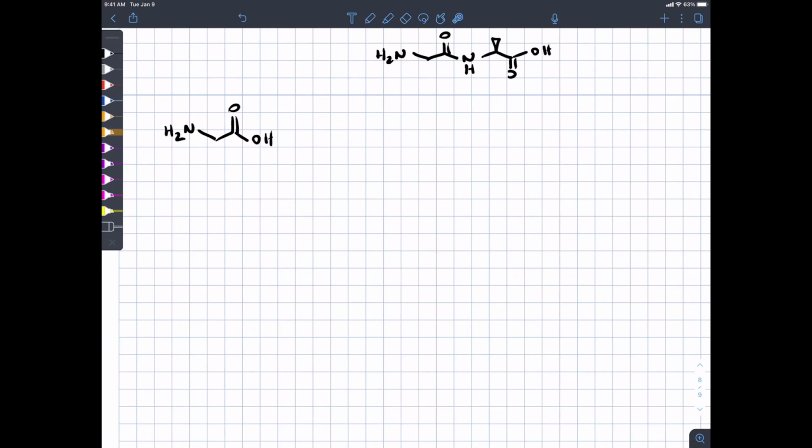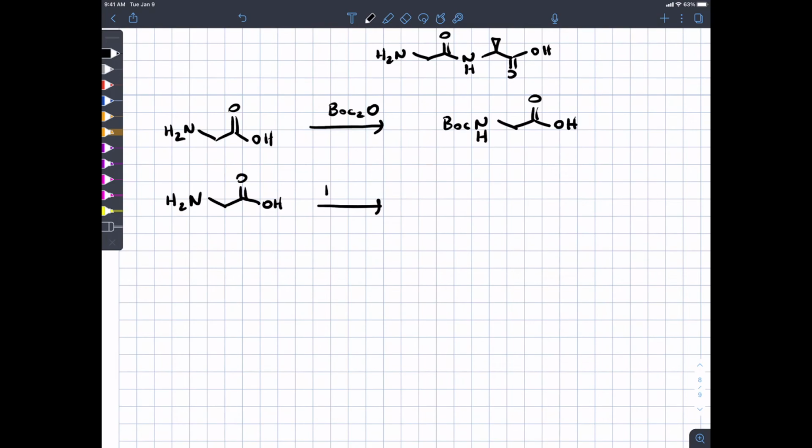So we're going to want to be able to activate the carboxylic acid of glycine, and we don't want this amino group to interfere. So we would use Boc anhydride to protect the amino group of glycine and make it unreactive. Similarly, for alanine, we want the amino group to be the nucleophile, and we don't want the carboxylic acid to interfere, so we would use benzyl bromide to, oops, I missed an alanine side chain.